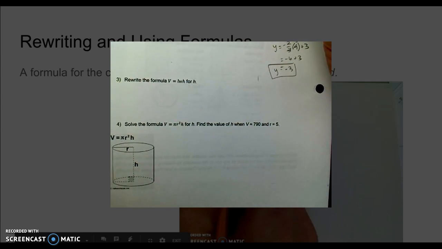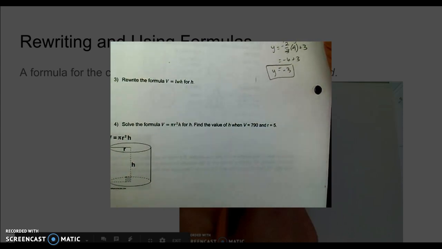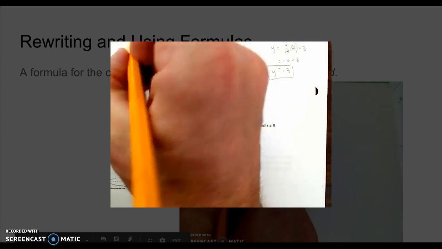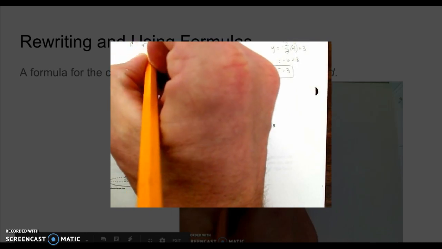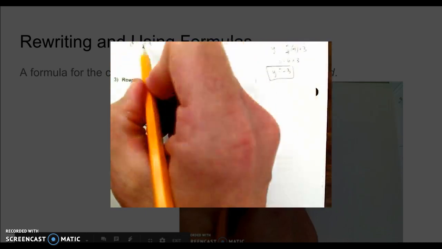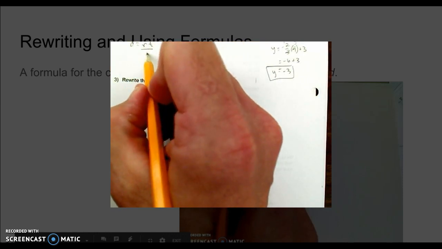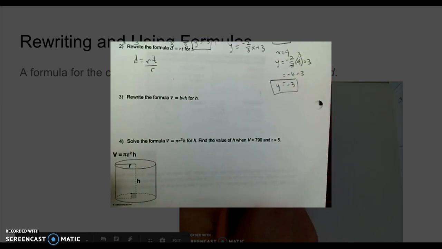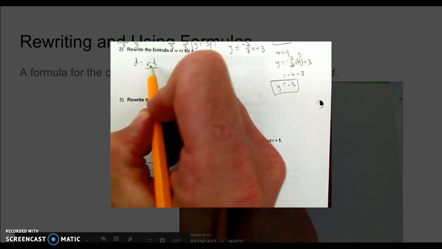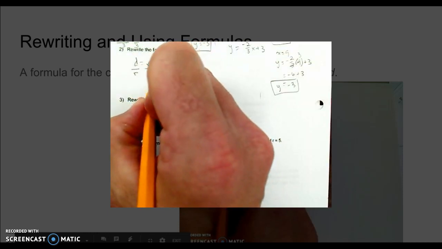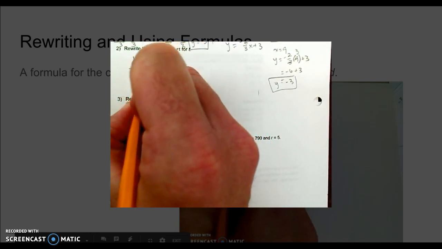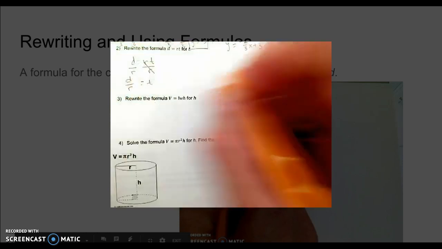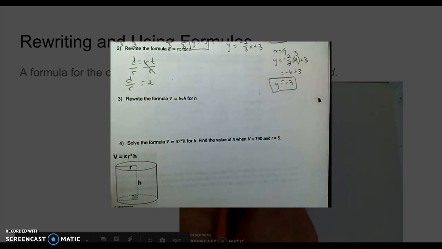If we were given the distance and the rate and needed to find out the time, we could rearrange that. Distance equals rate times time, and I'm trying to solve for t. Well, t has been multiplied by r, so I need to divide by r, not only on the right side, but on the left as well. So the distance divided by the rate of speed gives the time, and this is commonsensical.